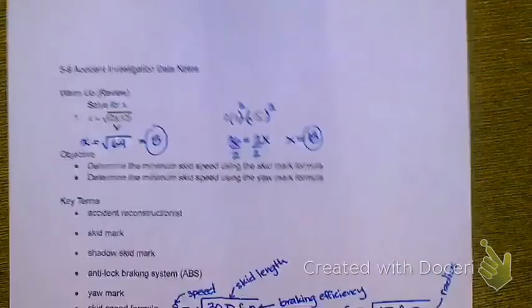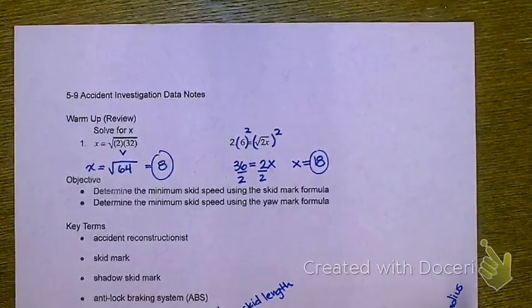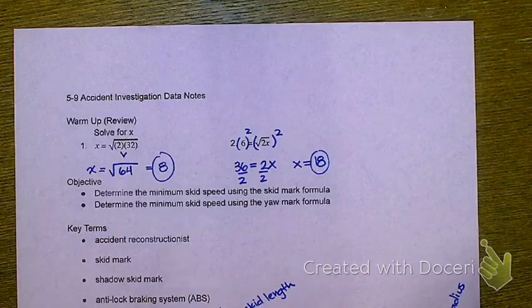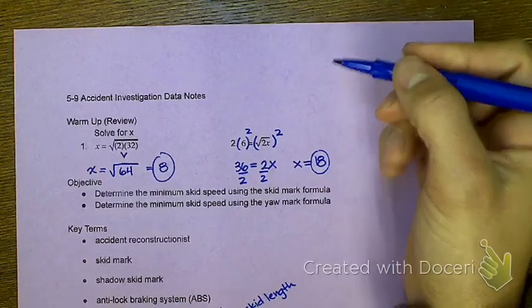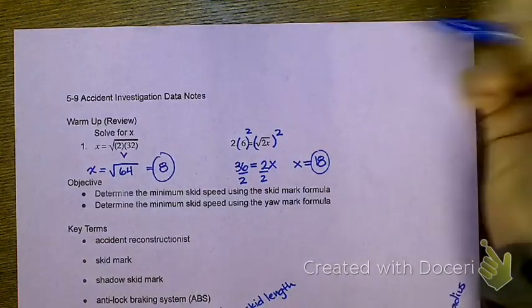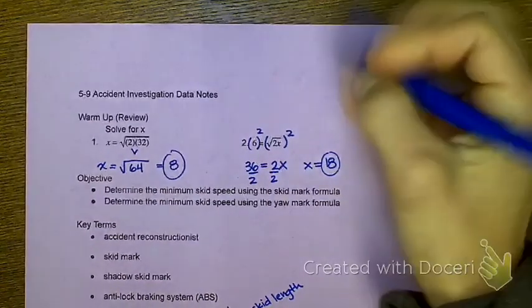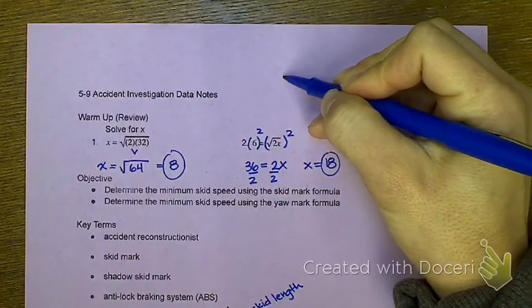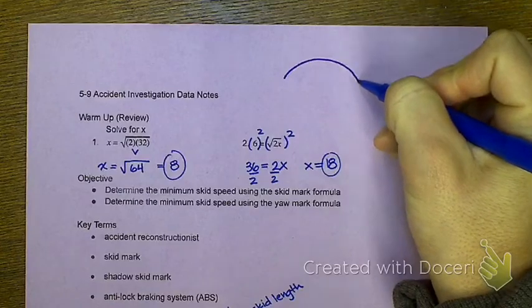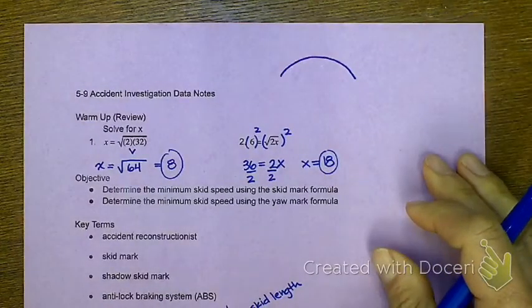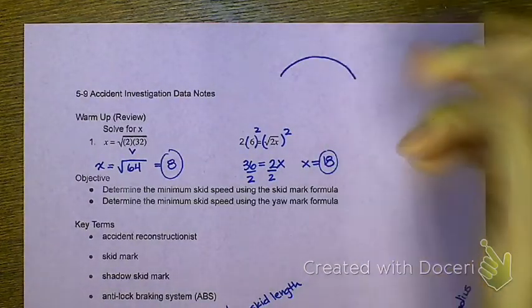I'm going to go up to the top and I actually want to draw for you guys what all the different parts of the yaw mark are so that you understand what's happening. So sometimes the car will kind of spin as it's skidding, and so it creates this circular yaw mark.